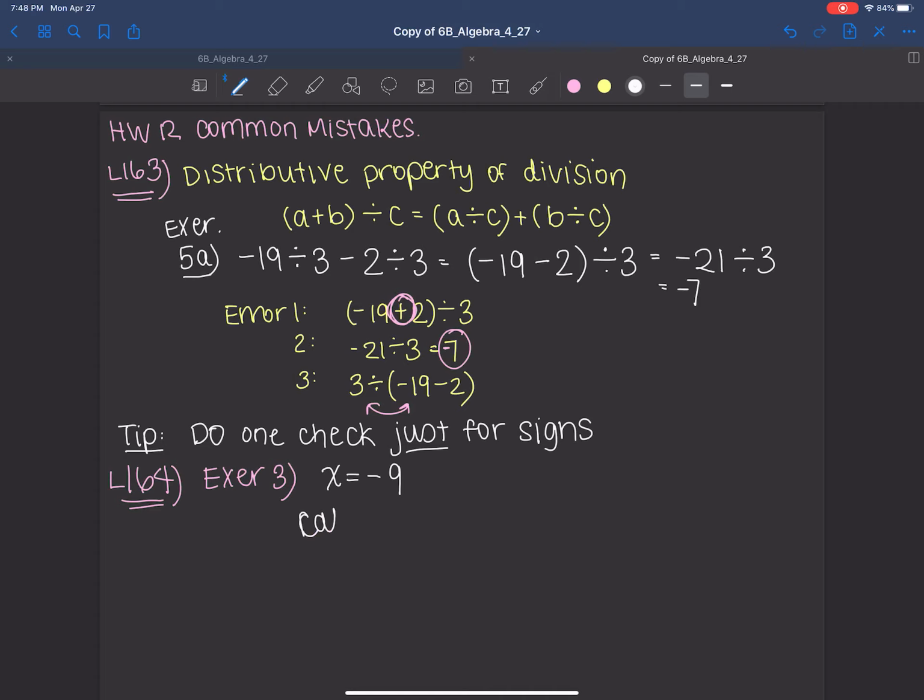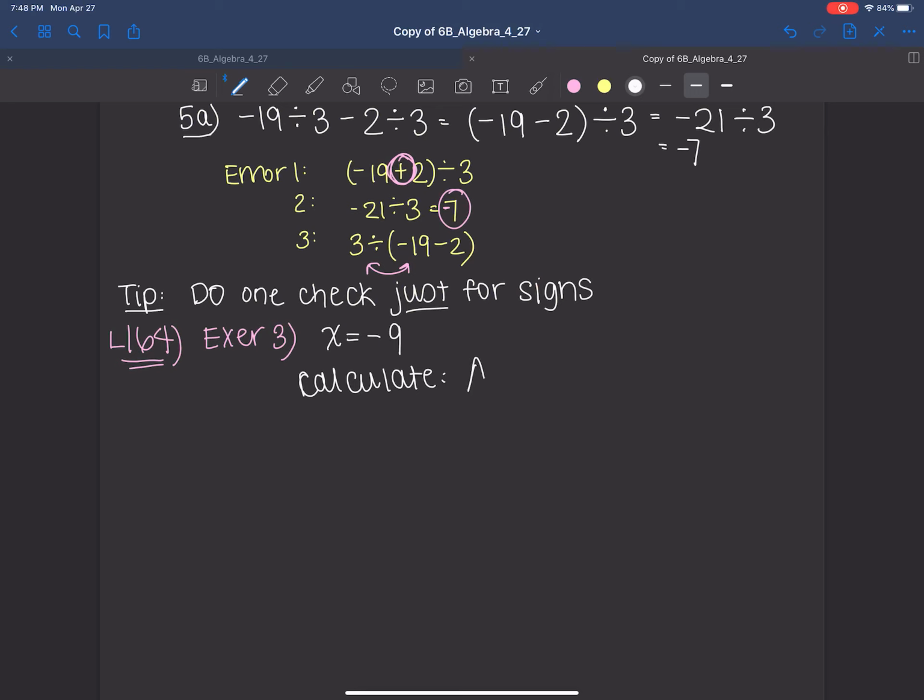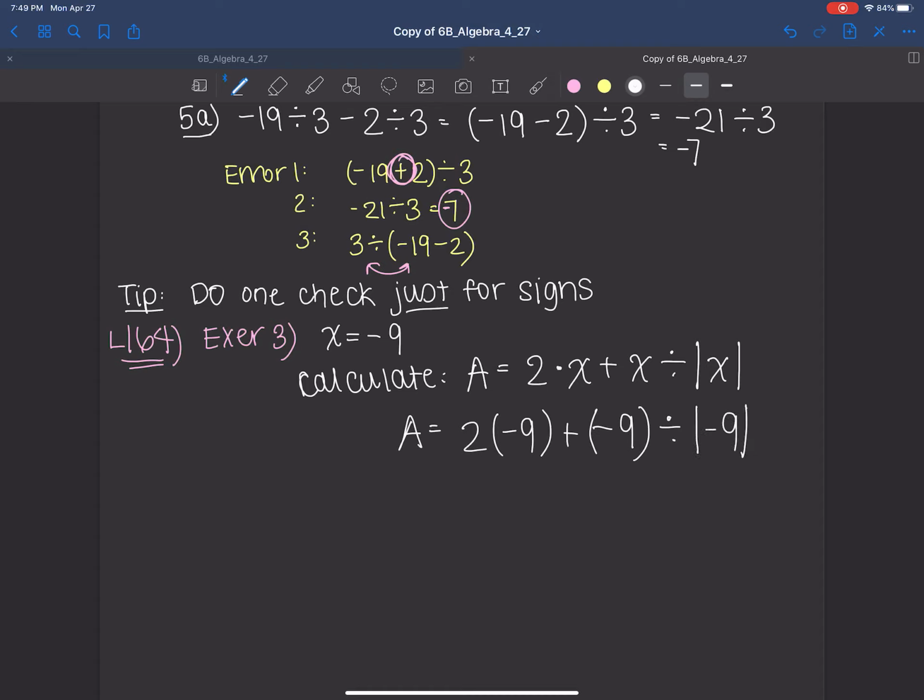So it wanted us to calculate a is equal to 2 times x plus x divided by absolute value of x. Whoa. That's a handful. Okay, so I'm going to just plug in minus 9 first. So 2 times minus 9 plus minus 9 divided by the absolute value of minus 9.